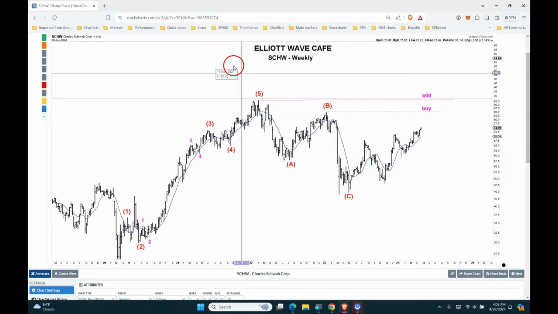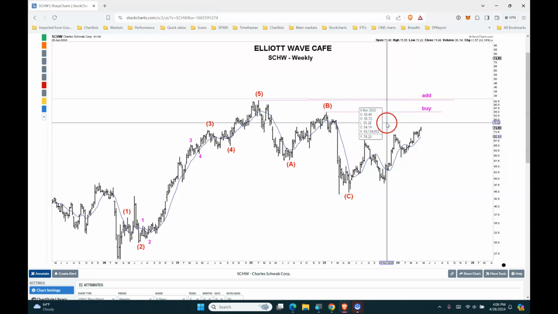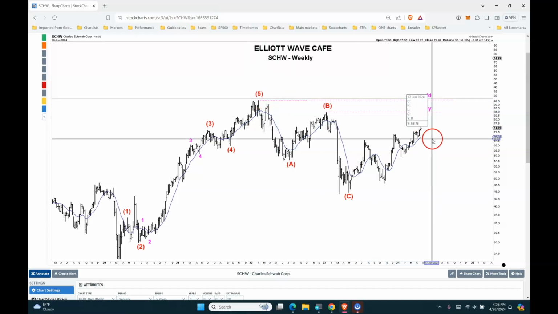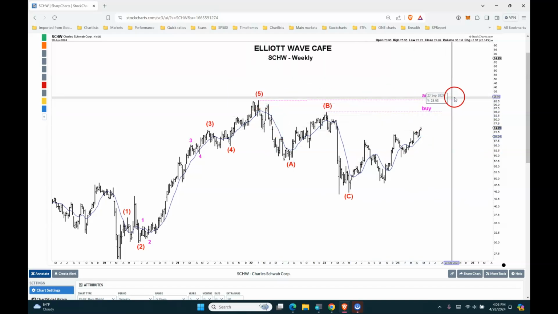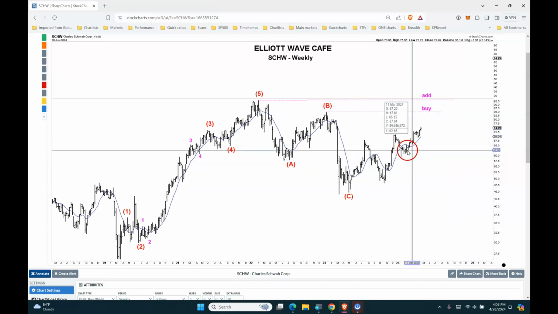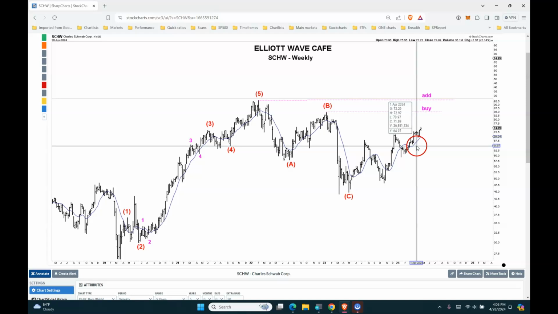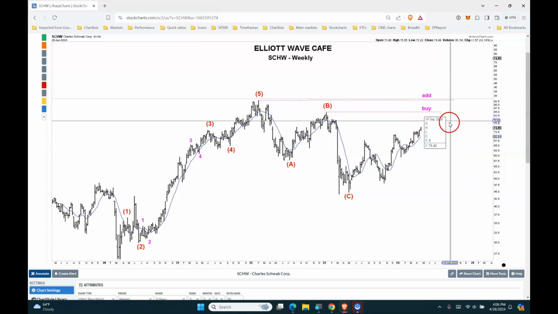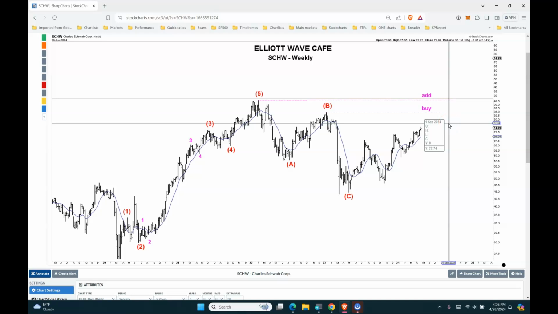The moment you get above that B wave, you have more confirmation that this is the right stock to be in. Now you're getting above the fifth wave top, and you get more confirmation, and that's how you're building it, all the while using this 10-week, 50-day moving average as a guide for protecting yourself.